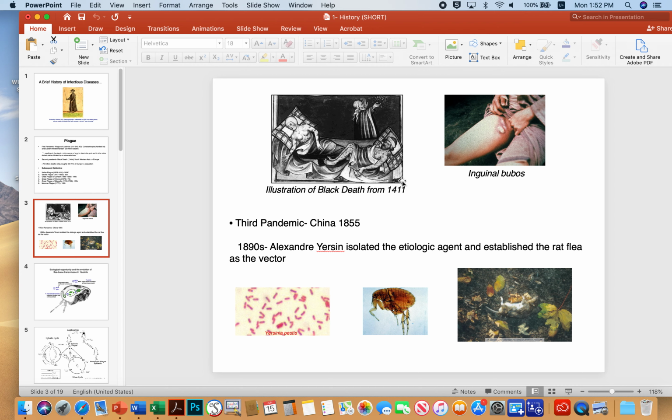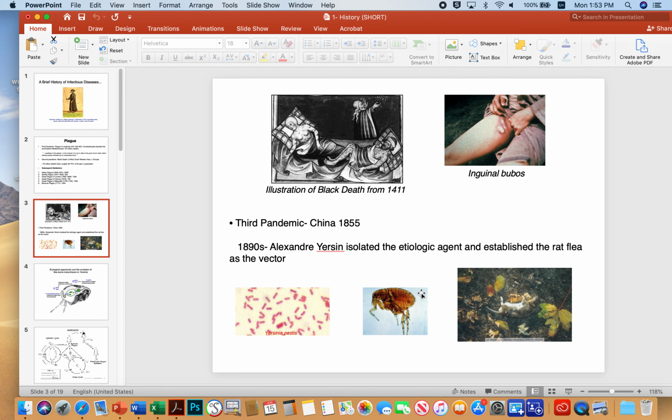The third pandemic was centered in China in 1855, and this was a time frame when microbiology was starting to become a very exciting science with the work of Koch and Pasteur. And so at this time, a microbiologist by the name of Alexandre Yersin isolated the etiologic agent, in this particular case, Yersinia pestis, and established the rat flea, this guy here, as the primary vector.